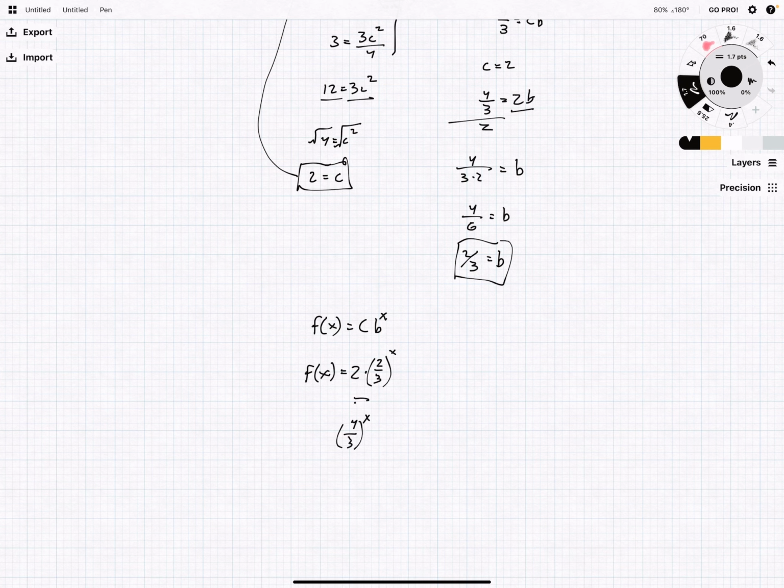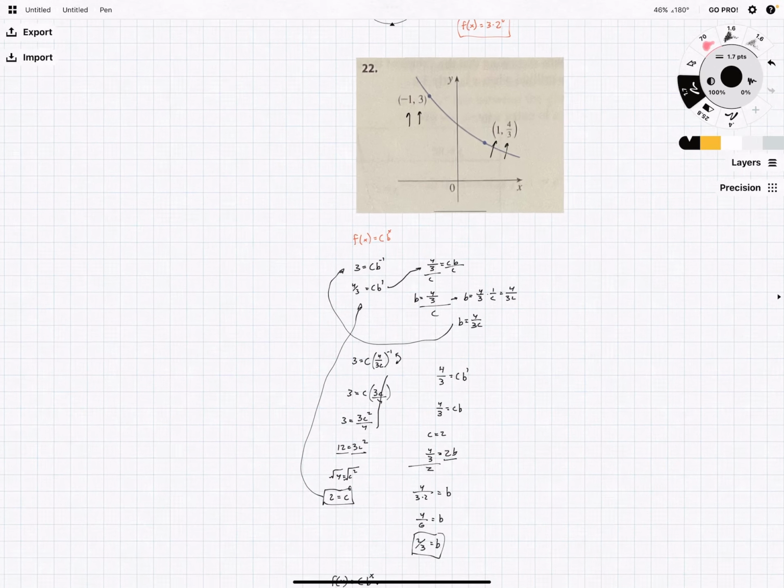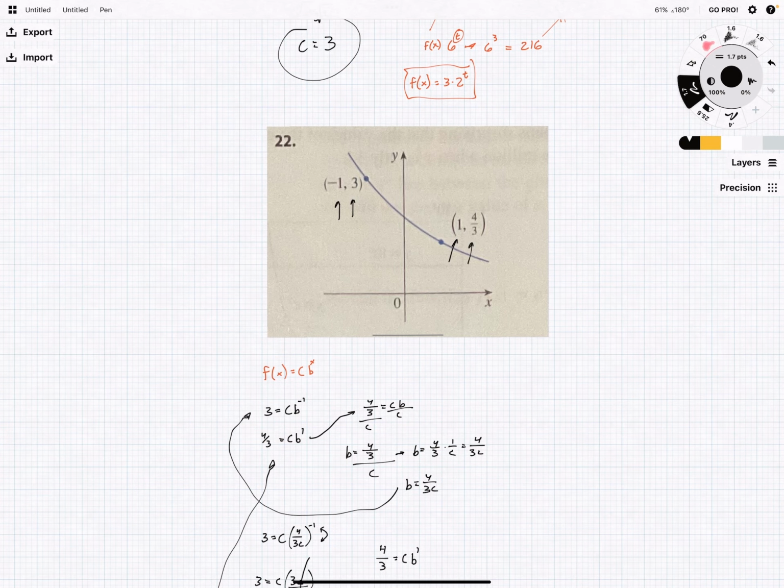You absolutely cannot just multiply over the 2, because you're taking your base to a certain exponent. So you will exponentially change your graph if you do 4/3 to the x. In fact, it will give it a different shape. Instead of having that shape here, it will have this shape if you multiply that 2 over.